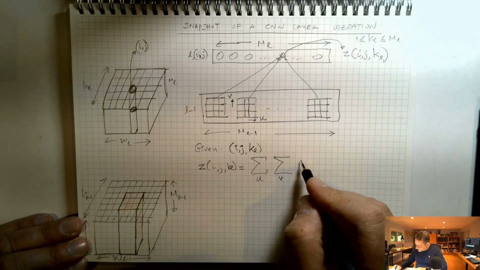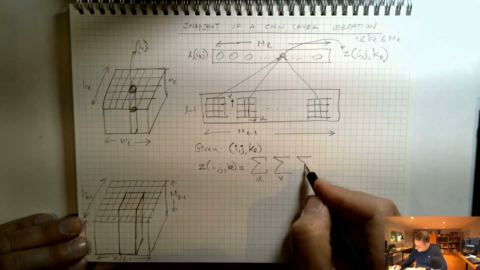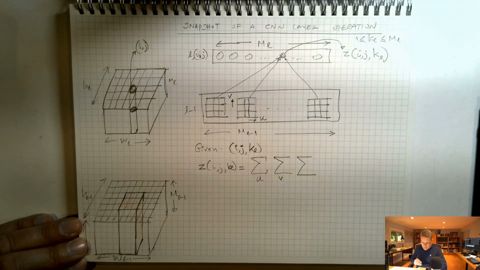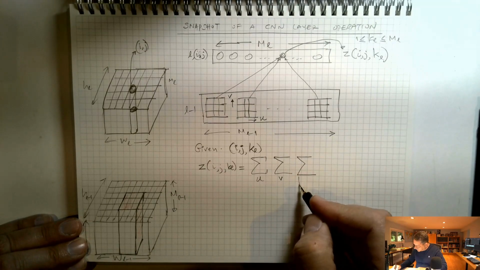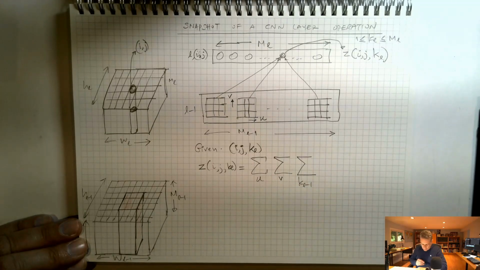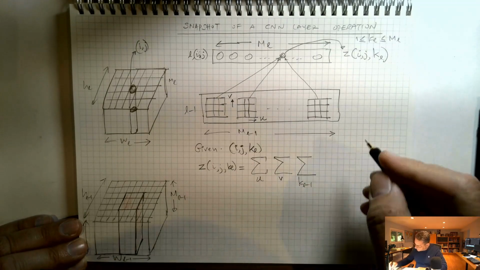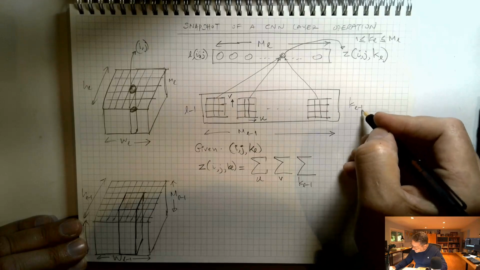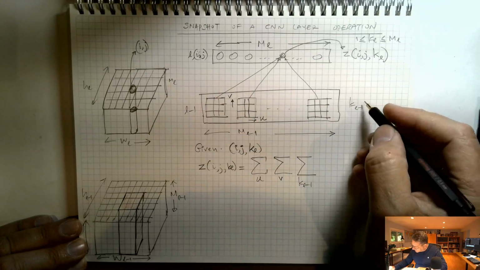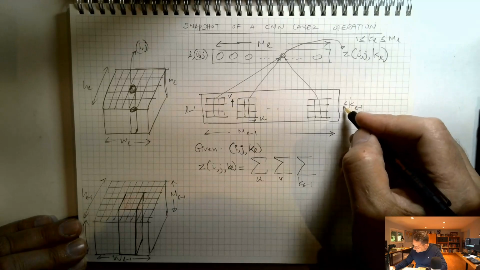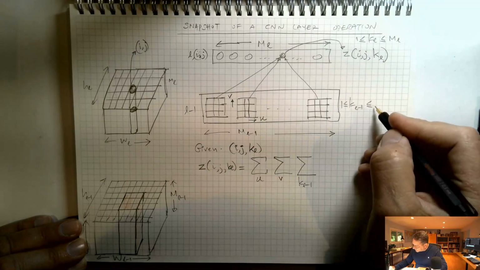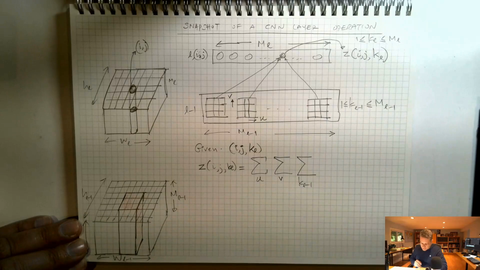But I'm also expecting to now do a three-dimensional correlation operation. That's a third summation over an index I'll be calling k_(l-1), and this index addresses the specific kernel which I'm going to be using. So k_(l-1) is definitely between 1 and M_(l-1), in a similar way as we have seen earlier.